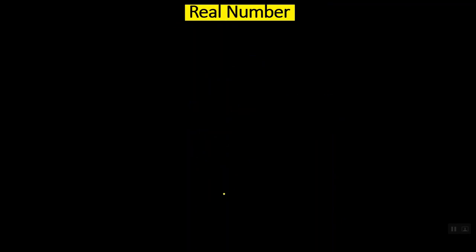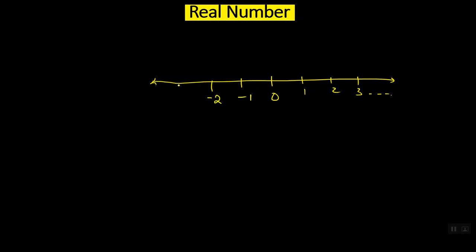Now, what do we mean by a real number? A simple definition is that any number which exists on a number line is said to be a real number. So let me draw a number line and represent it. Let's say this is 0, 1, 2, 3, and so on, and negative 1, negative 2, negative 3, and so on.